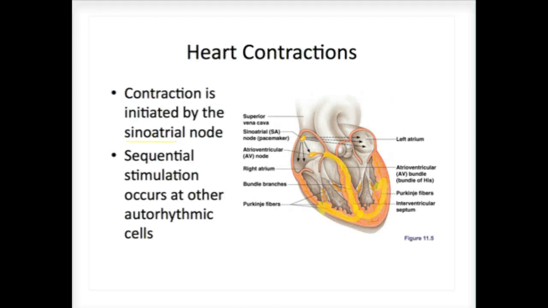Now, one last note linking back to that form and function theme that we've been dealing with the whole time is notice the difference in the muscularity of the wall of the ventricle on the left and the right. What's so significant about that? Well, keep in mind where the blood is going.